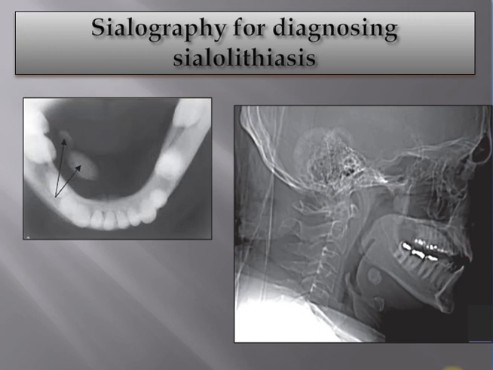And on this slide, you can see an X-ray with salivary stones, or sialolithiasis, and we can easily diagnose them with such a simple type of examination as radiography, or X-ray.